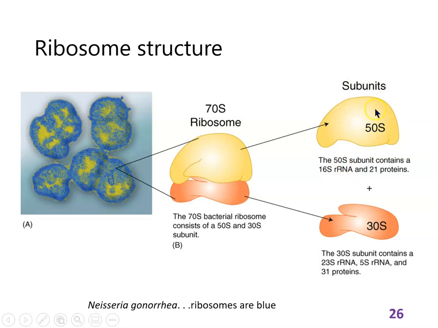So this giant subunit that has 20 proteins and 1 RNA is what actually does the addition of the new amino acid. And the 16S ribosomal RNA, I believe, is the catalytic part that actually does that reaction, whereas all the other proteins and RNAs work together to position the peptides and the new amino acids correctly, to hold the messenger RNA in the right place and stuff like that.